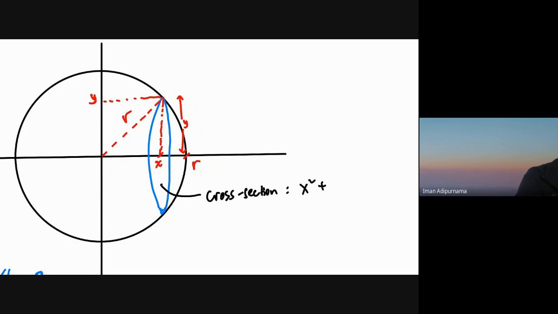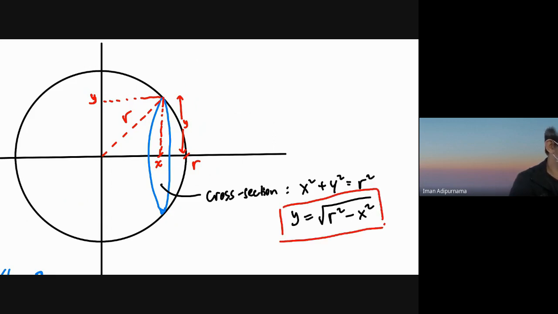This is the equation. If we take just one side, as a function of x, this will be y equals the square root of r squared minus x squared. Now this is our function to determine the cross sections.